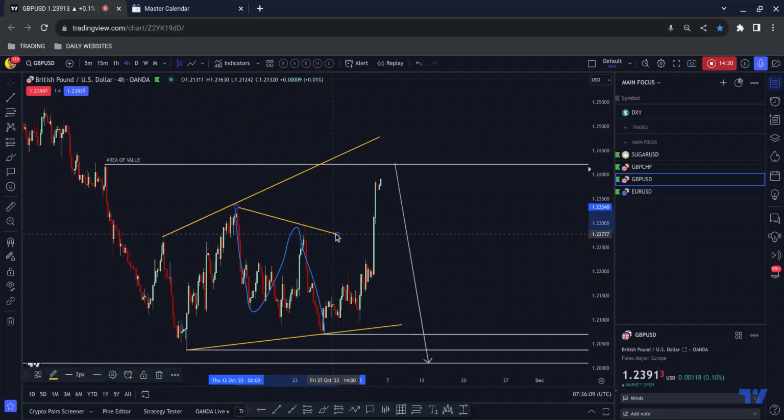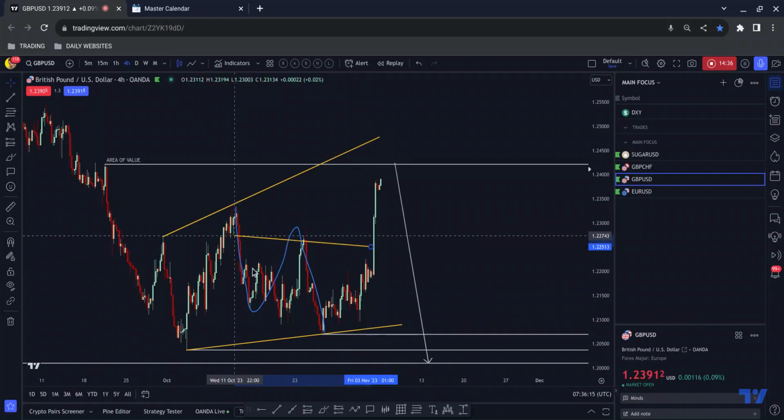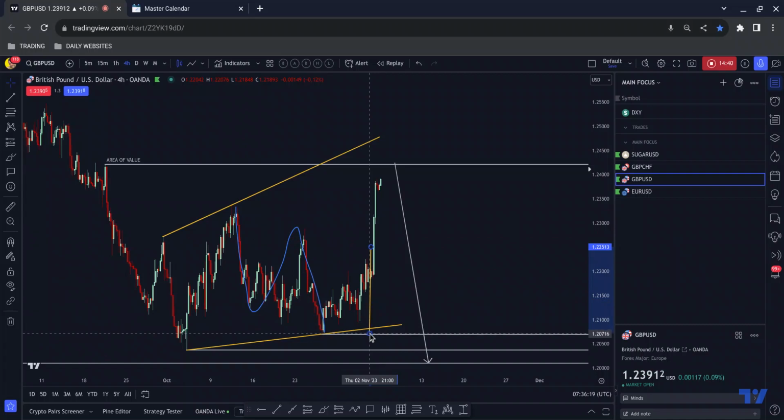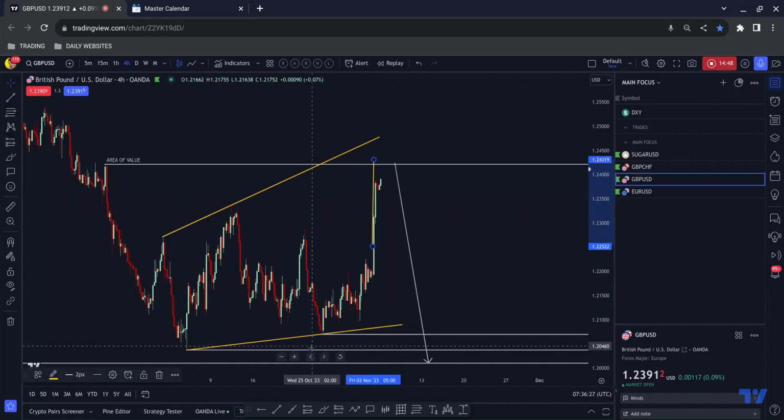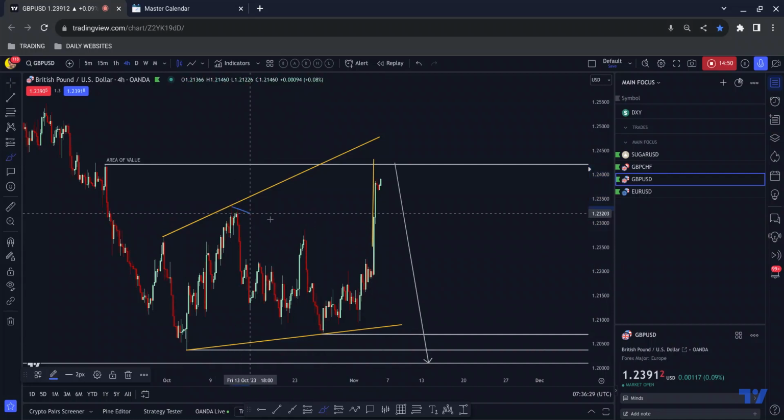I've talked about often how the depth of the middle section can dictate how high price breaks above because of the volume that's been built up. So I've just measured the height of this middle section.